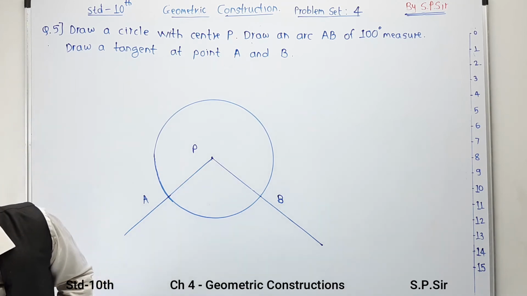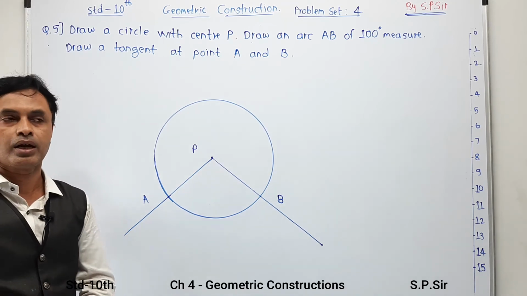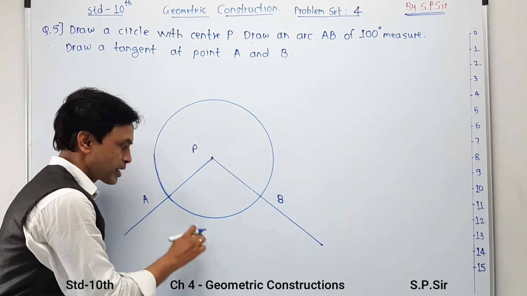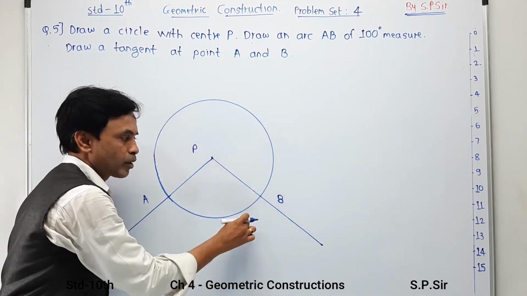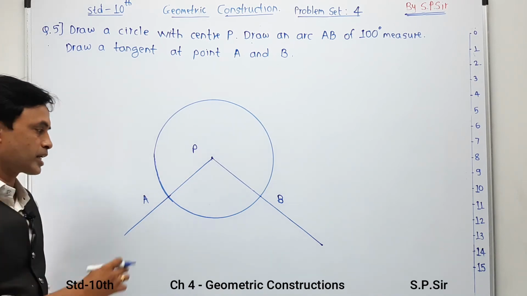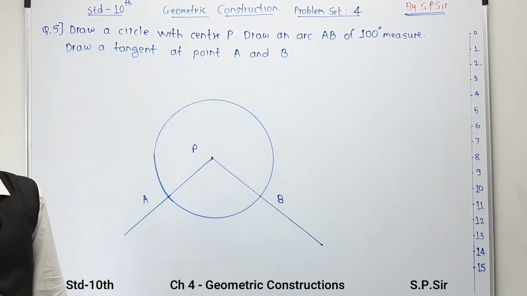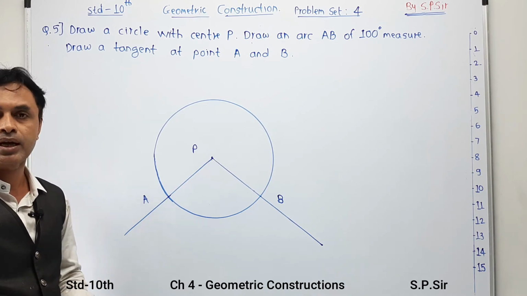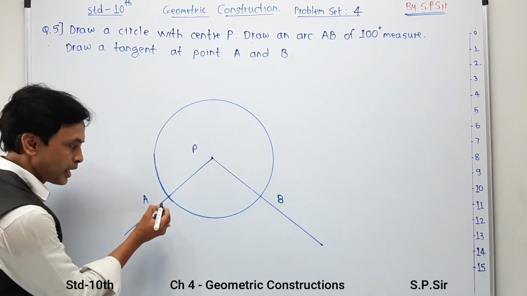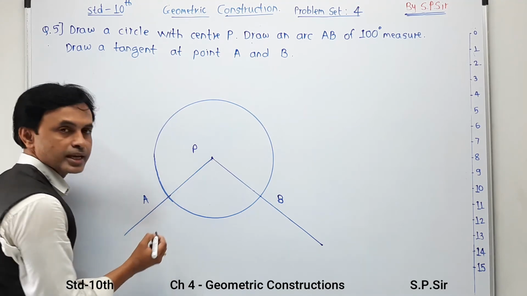Now the second part, you very well know, you have to take the perpendicular bisector, or you can say perpendicular to this line and perpendicular to this line at point B as well as A. Now your second part of construction is going to start over here. Here I am going to start the construction taking A as a center.